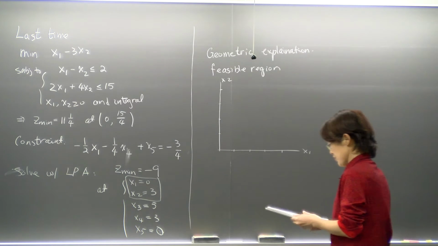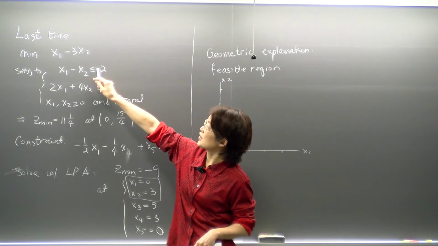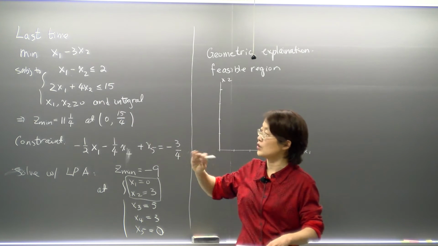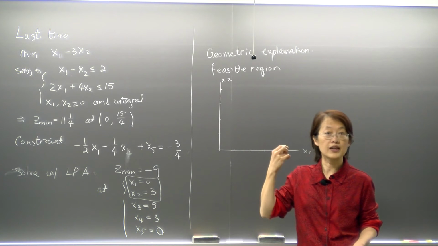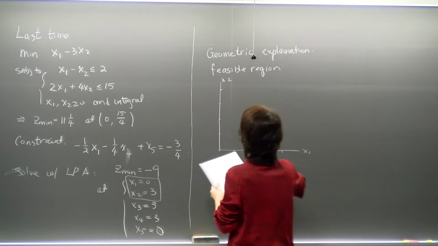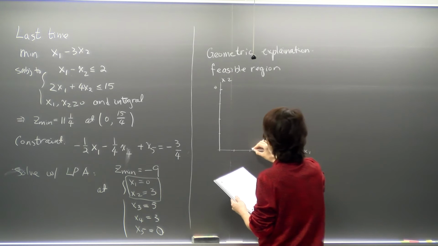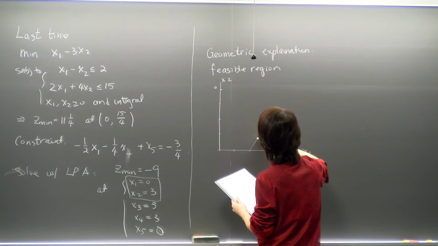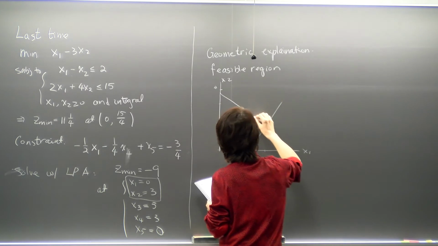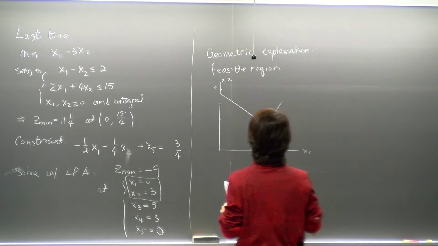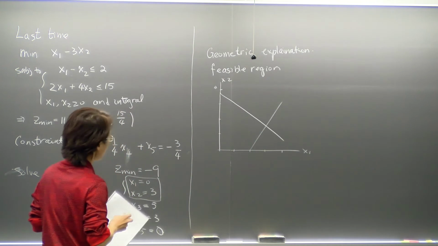Okay, so if you draw the constraint, you draw the line with the equal sign, then you have two lines, and you check which side is feasible, and you can form the feasible region. Are we all okay doing that? So I will just show you what will come out of this drawing. So one would go like this, and the other would go like this. Okay, so that's the feasible region.